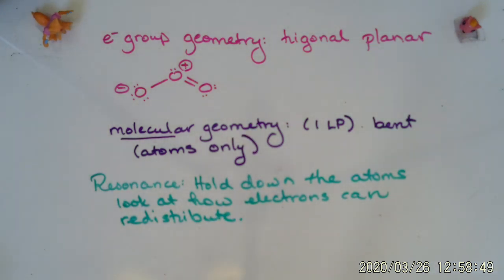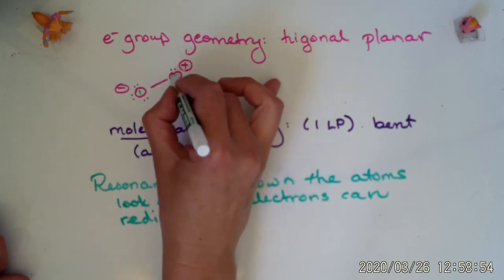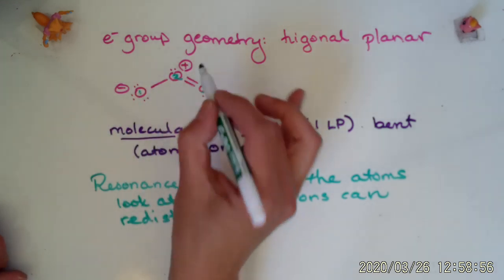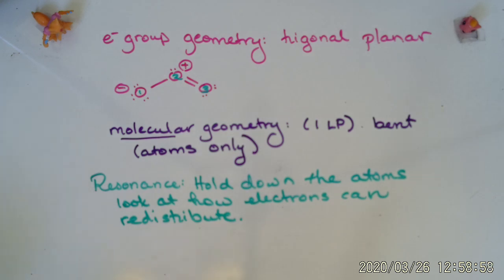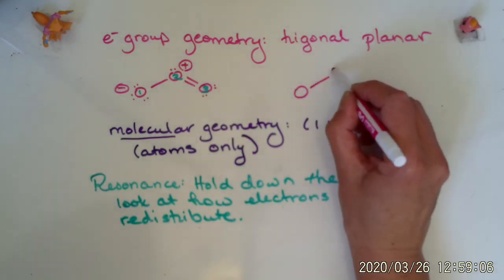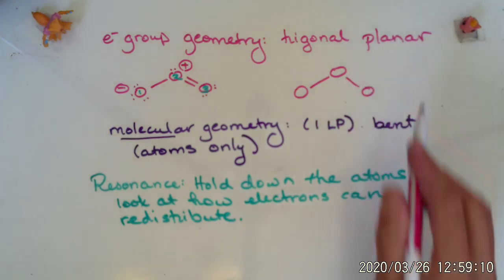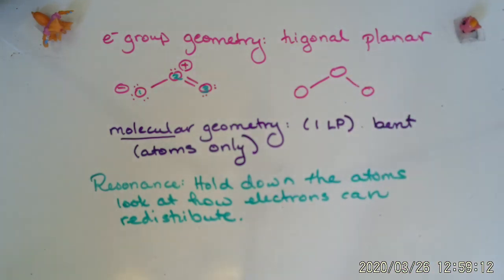Okay, so I'm going to call this atom 1, atom 2, and atom 3. Okay, so when I redraw this, atom 1, atom 2, and atom 3, they're in the same orientation.